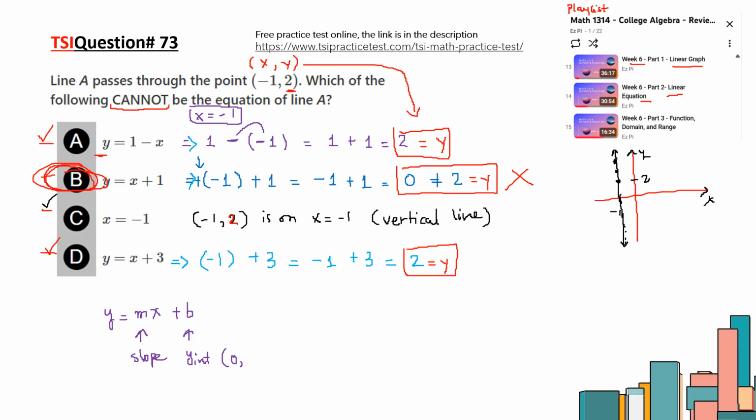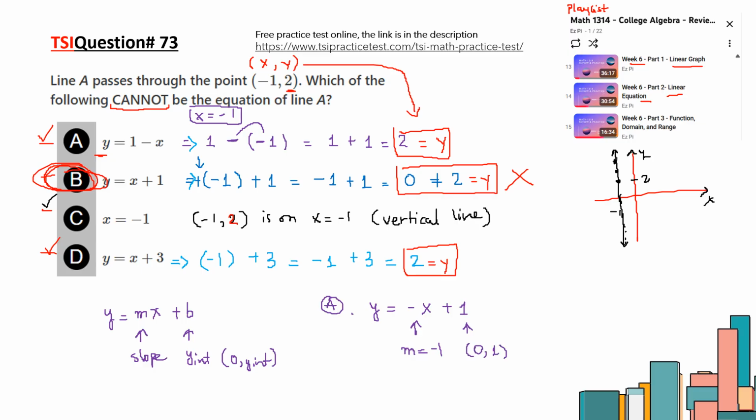The y-intercept is 0, comma b, when x equals 0. So right here for A, you have y equals -x. I have to rewrite it into the form plus 1. So you see right here, negative means -1. So m equals -1, and the y-intercept is 0, comma 1.